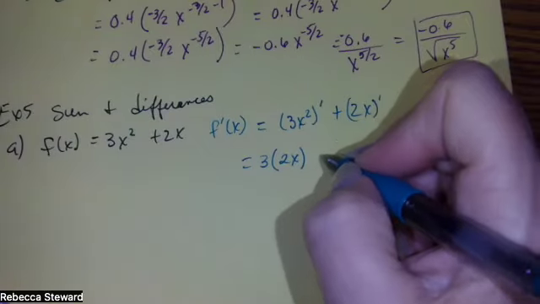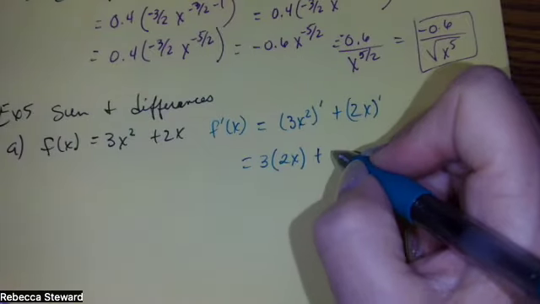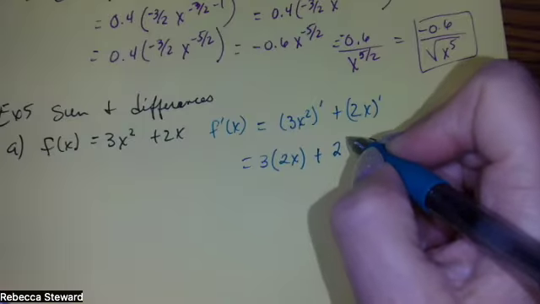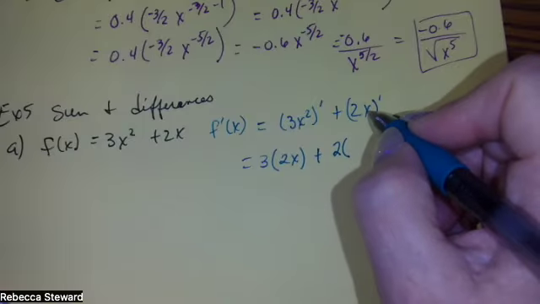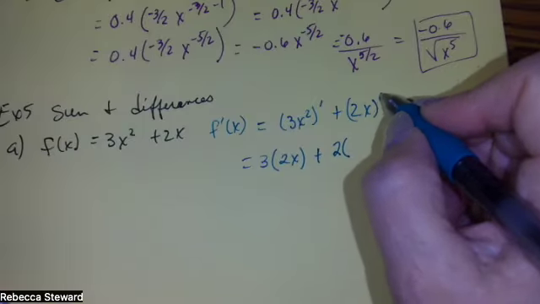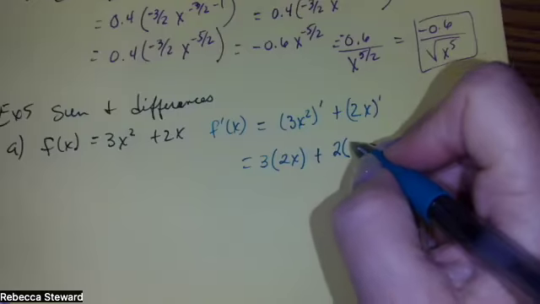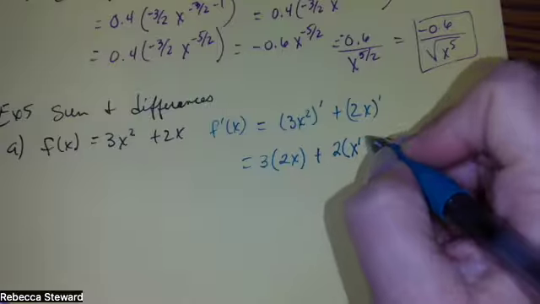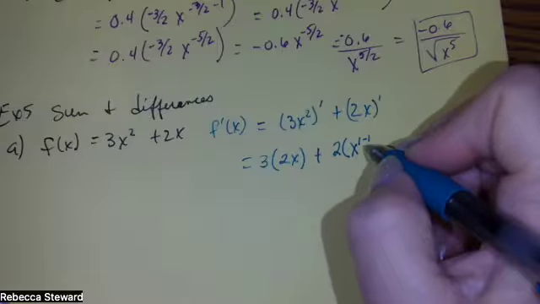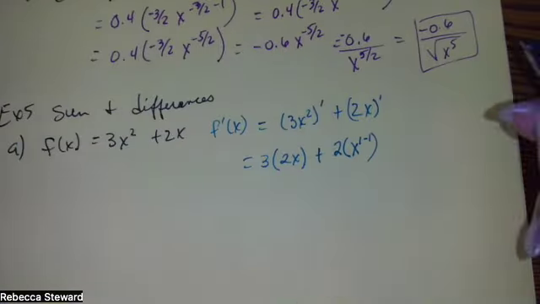Plus, we're going to have our 2 times, this will be x to the 1, so it's being multiplied by 1. We don't have to write the 1. But this will become x to the 1 minus 1. I want to make sure you understand what happens there.